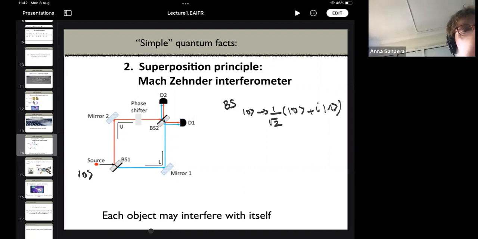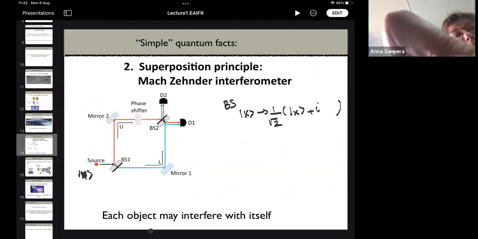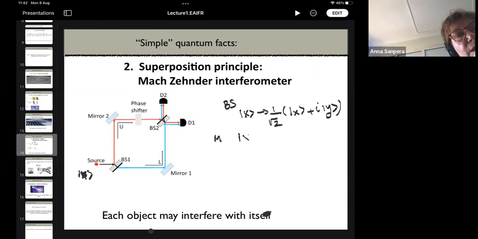Let me call this direction X, because it goes in this direction. So that will be a superposition of something which goes in the X direction and, with a phase, moves in the Y direction. Then we have these mirrors, and the only thing they do is that X is changed by Y, and Y is changed by X.